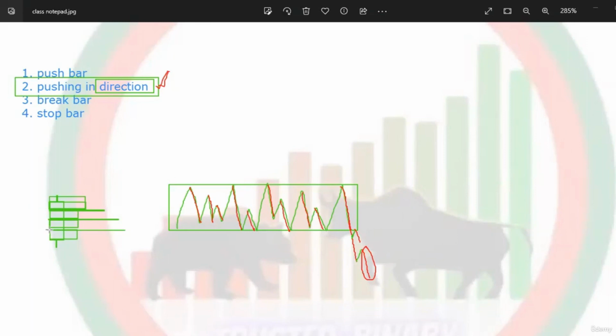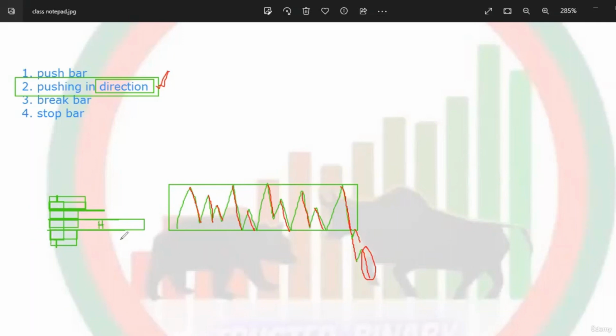When we see the second part, a little above the opening price of this candle, in this part volume is high by the buyer side.